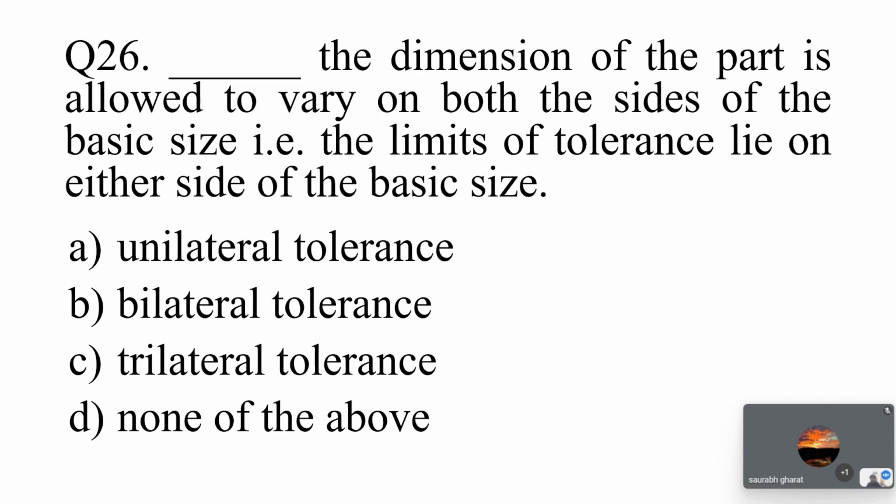The dimensions of a part are allowed to vary on both sides of the basic size. That is the tolerance on either side of the basic size. So here, the important part to highlight is: vary on both the sides.